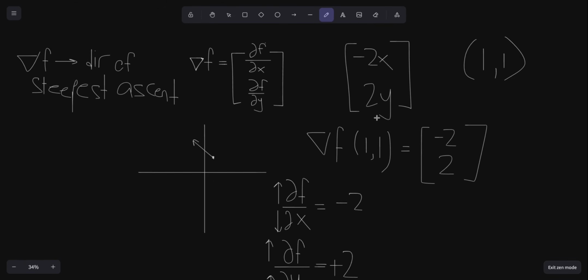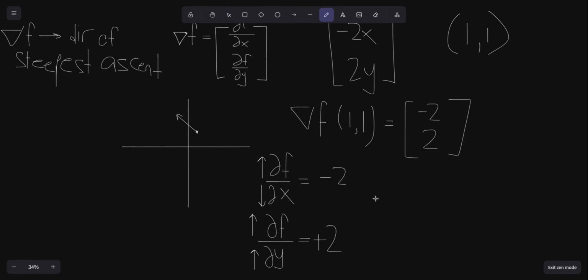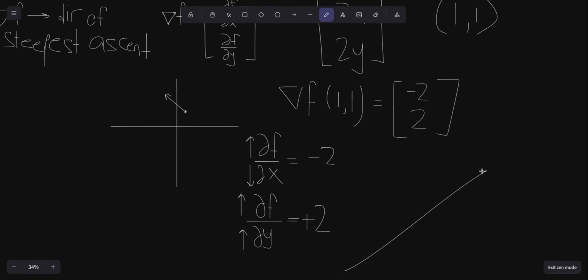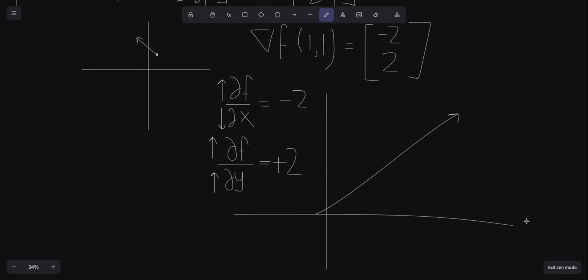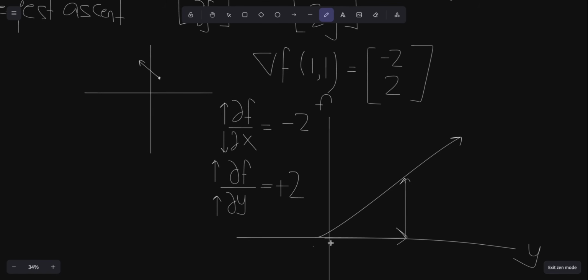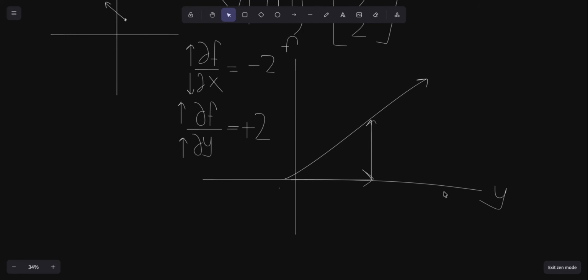And if we look at this function, 2y, that looks like a straight line that's going up. So if I increase my y value by a little bit, then the overall function is going to increase. In this case, this would be a function of y and f. As y increases, our function f also increases because the slope is positive 2 between those two variables.